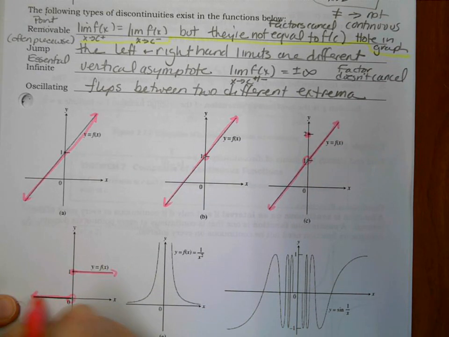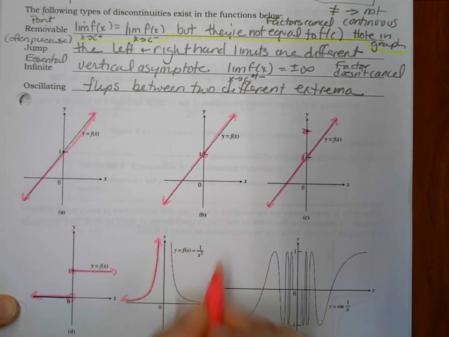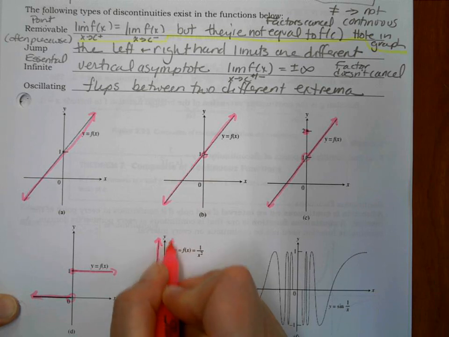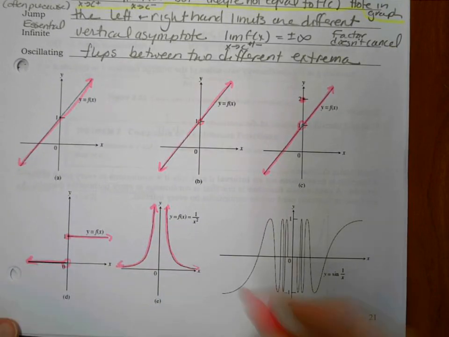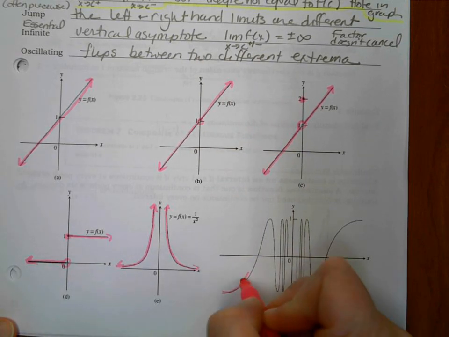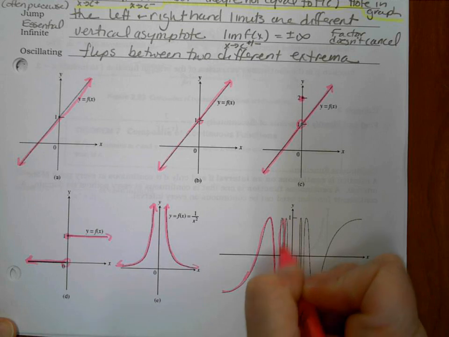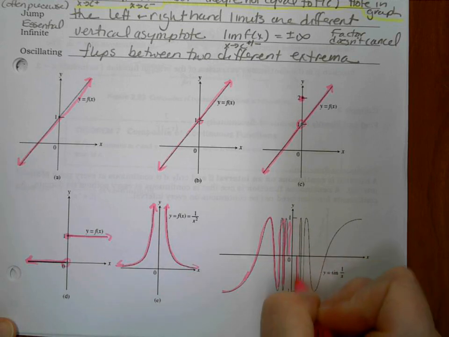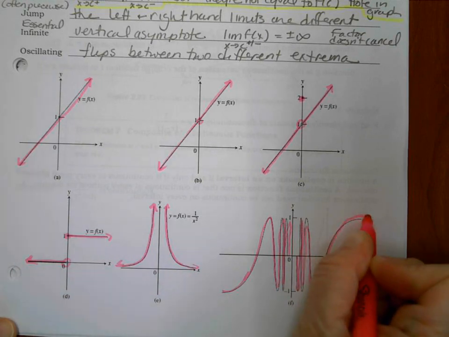The highlighting is the graph that you should be looking at, and some of them you're given an equation, like this one and that one. But maybe pause the video and think about it on your own. What type of discontinuity you have for each of them.